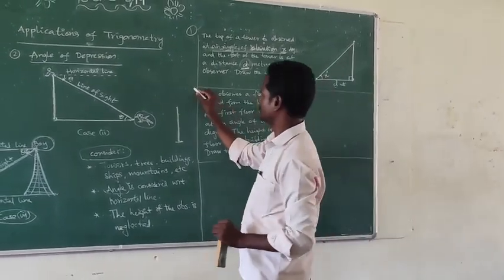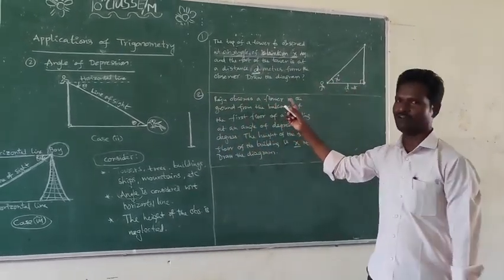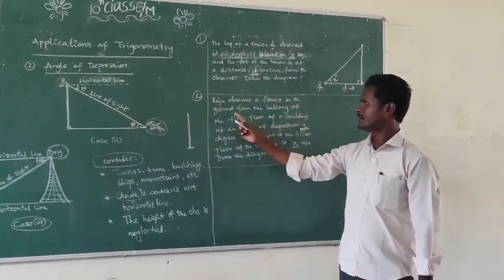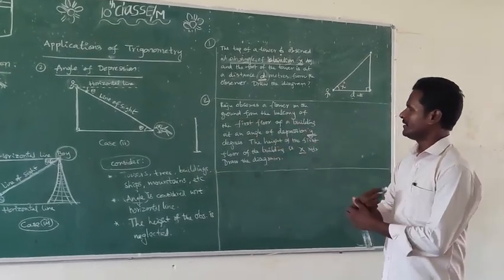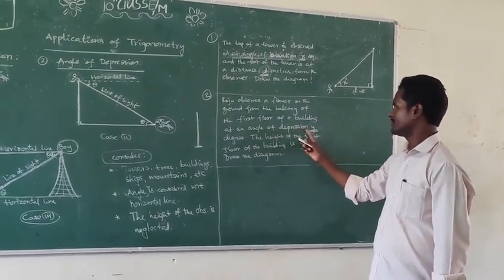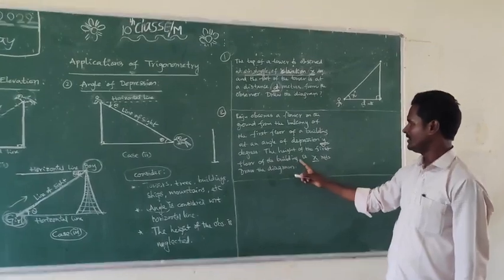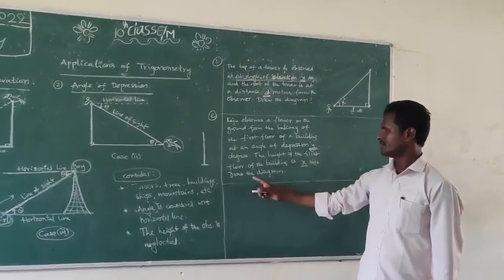Move on to the next question. Suppose Raju observes a flower on the ground from the balcony of the first floor of a building at an angle of depression y degrees. The height of the first floor of the building is x meters. Draw the diagram.